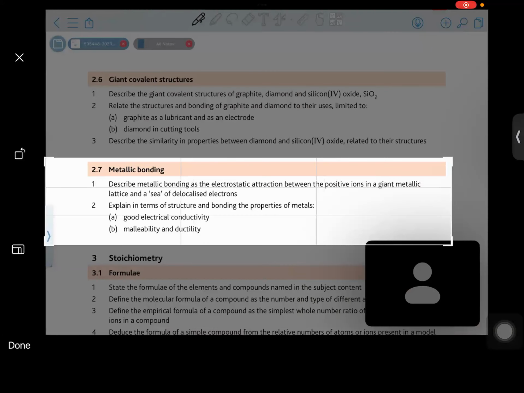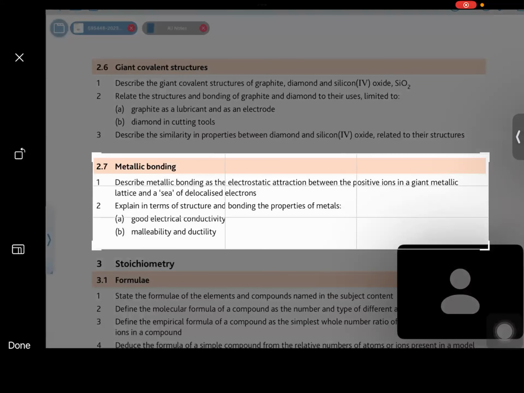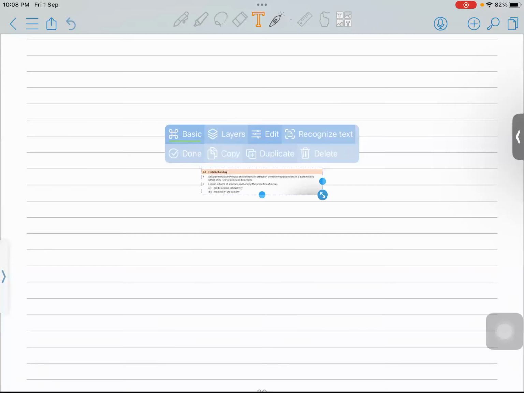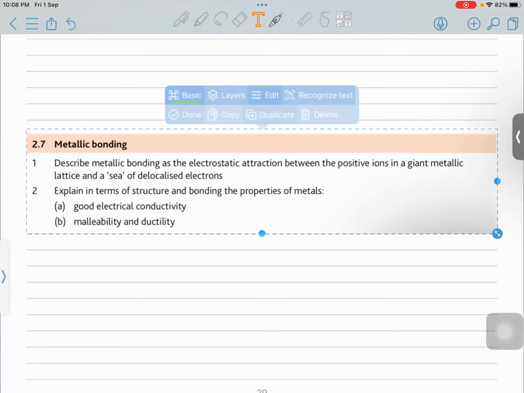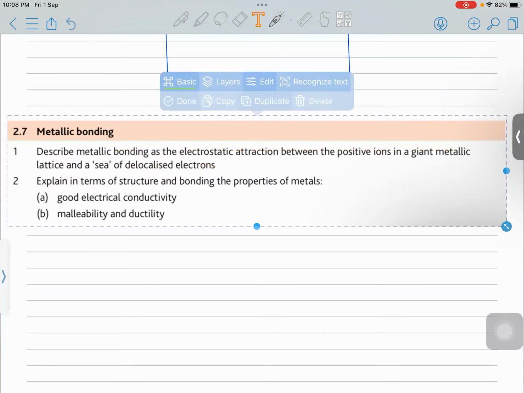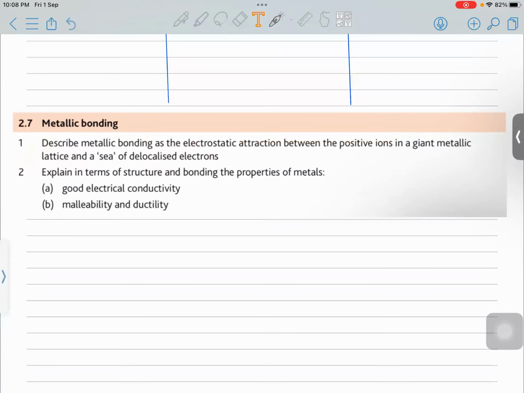And then we will start. Describe metallic bonding. Do you know anything about metallic bonding?